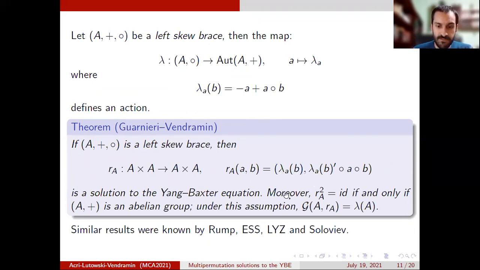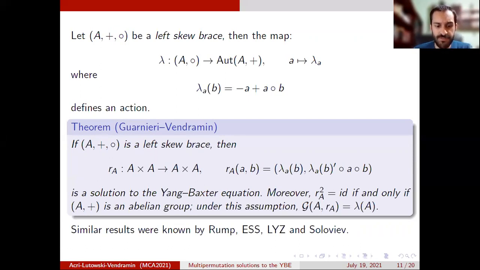And the solution is involutive if and only if the additive structure is abelian. Under this assumption, if the additive group is abelian, the permutation group of the solution is just the image of the lambda map. Similar results were known, again, by Rump, Etingof, Schedler, Soloviev, and Lu, Yan, and Zhu.